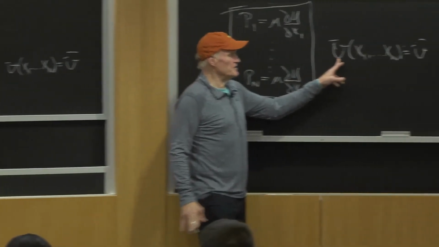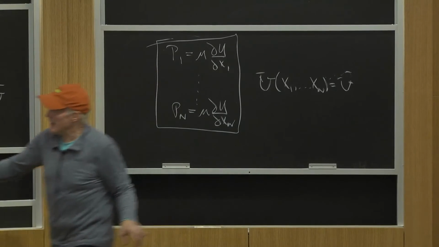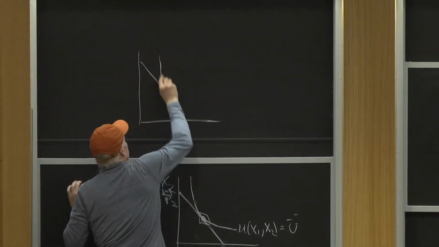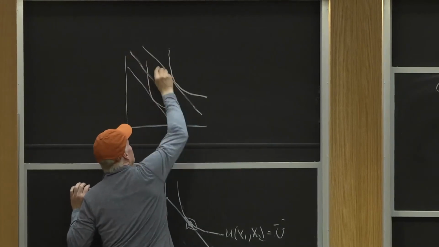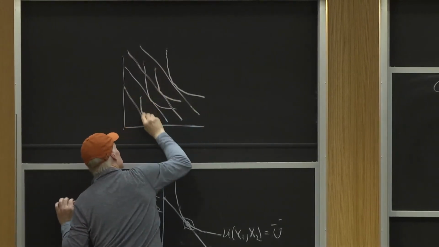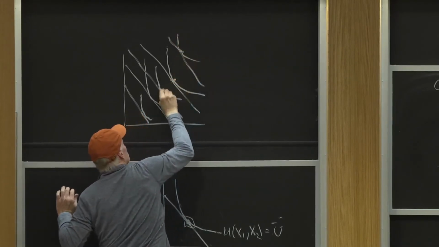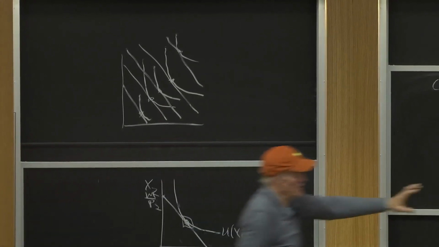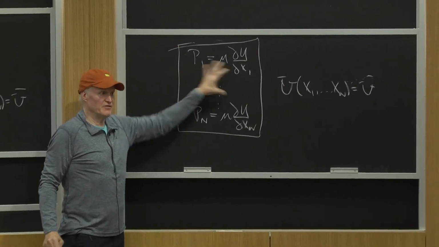Now, the only difference is I'm finding a solution of, so the way I think about it is there's a whole bunch of these solutions that look like that, right? Take the two good case. I got that solution, I got this one over here, right? I got a whole bunch of these solutions. There are all these tangency conditions that are representing some value of mu that satisfies this equation, right?